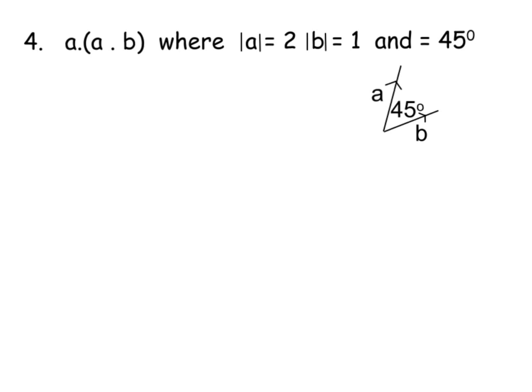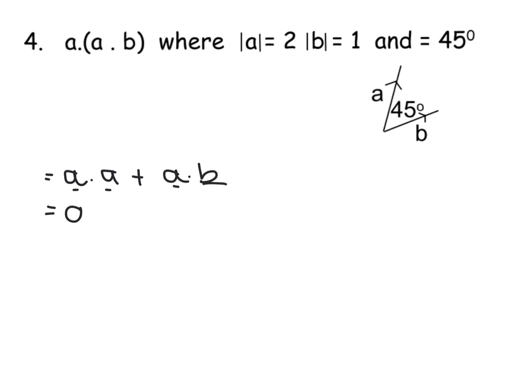Next, let's bring it into actual context and put some questions in. So I've got a picture here. We've got two vectors, A and B. We're told the magnitude of A, the magnitude of B, and we're told the angle between is 45. Both my arrows are pointing out, so that's not bad. I can work with that. So A dot B would be A dot A plus A dot B for my expansion.